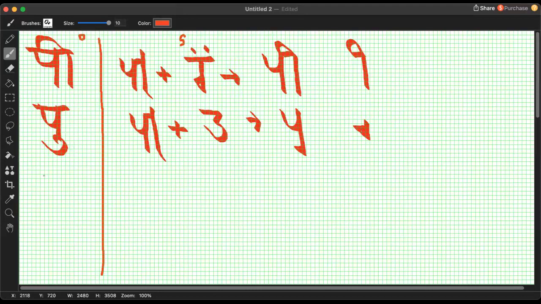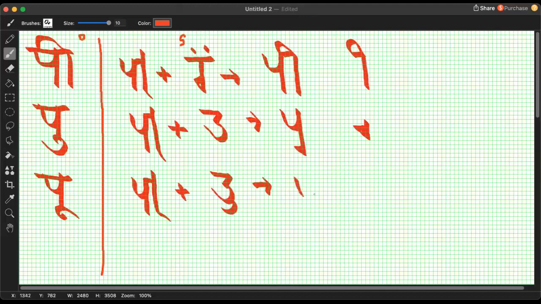Next you have Pu. You'll write the root alphabet first. To this we will add U matra. This is U, as we all learned.